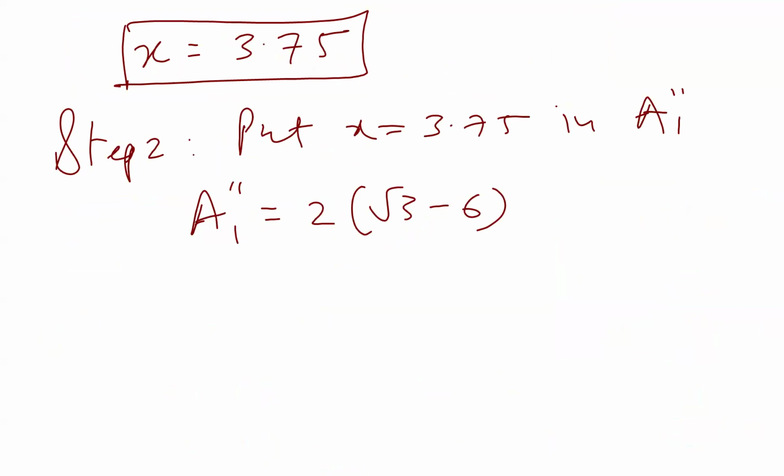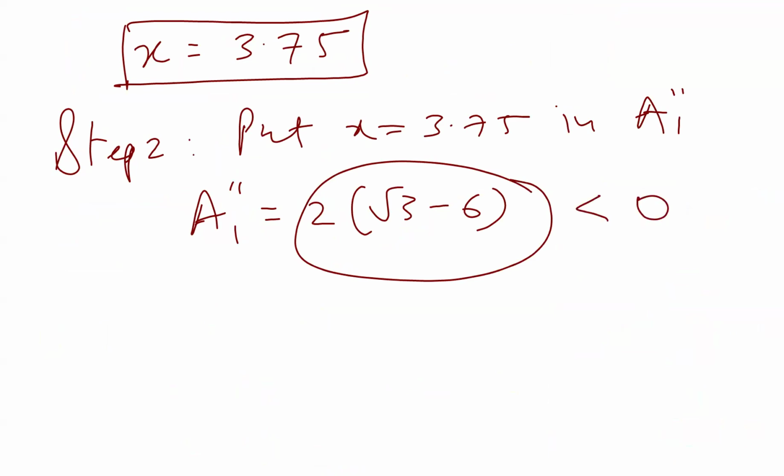Now see, there is no place to substitute the value of x as 3.75. So what can we comment? What is this value? Is this greater than 0 or lesser than 0? This is lesser than 0, obviously, because root 3 is 1.732 minus 6, that is negative. Any negative number into 2 is always negative. No need to calculate also.